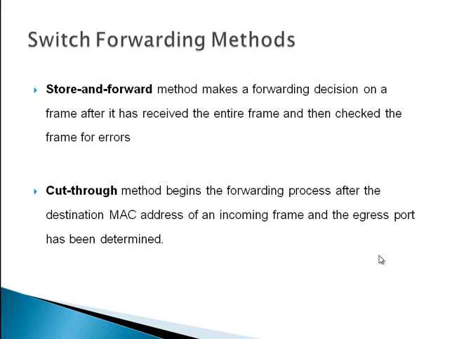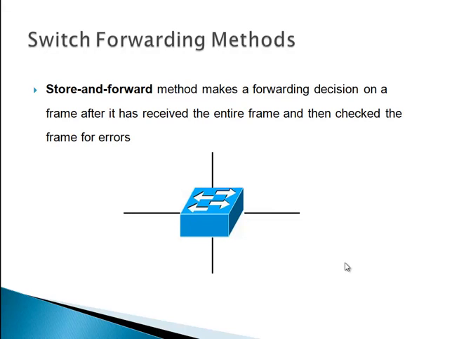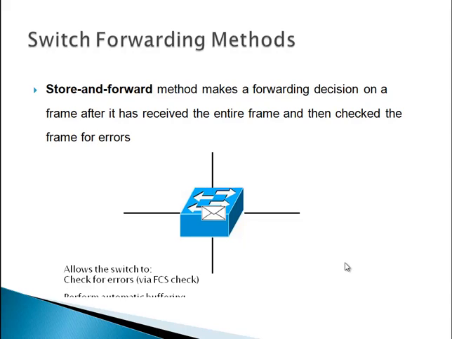This method begins forwarding as soon as it reads the destination MAC address of the incoming frame. Store-and-forward, for example, is when the frame comes into the switch: it will first store it in the memory, check for errors, and perform automatic buffering.